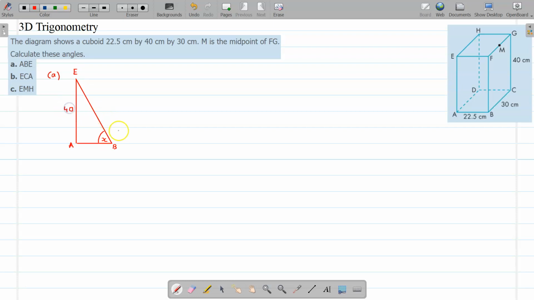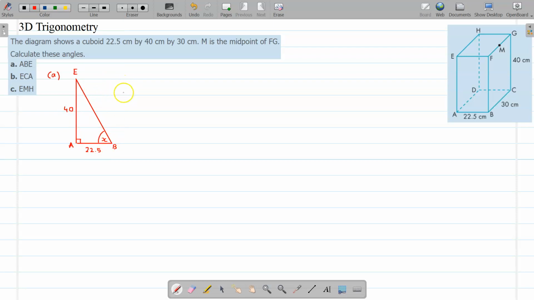I already know that this length here is 22.5. So the question is, what trig ratio do I now need to use in this right-angled triangle that I've created? From X, the 40 is opposite and the 22.5 is adjacent.